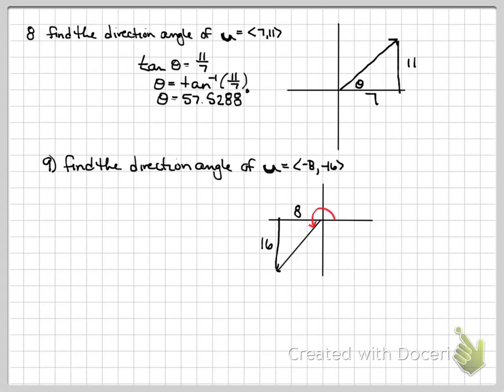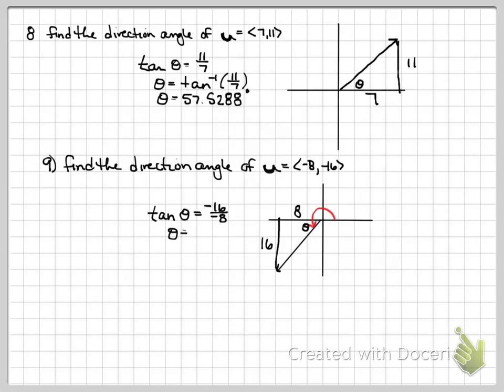Now the problem is if I do my inverse tangent, I'm going to get an angle that's not in this quadrant. So let me show you that. This isn't on our unit circle, so we're going to have to use our calculator. Tan of theta is -16 over -8.